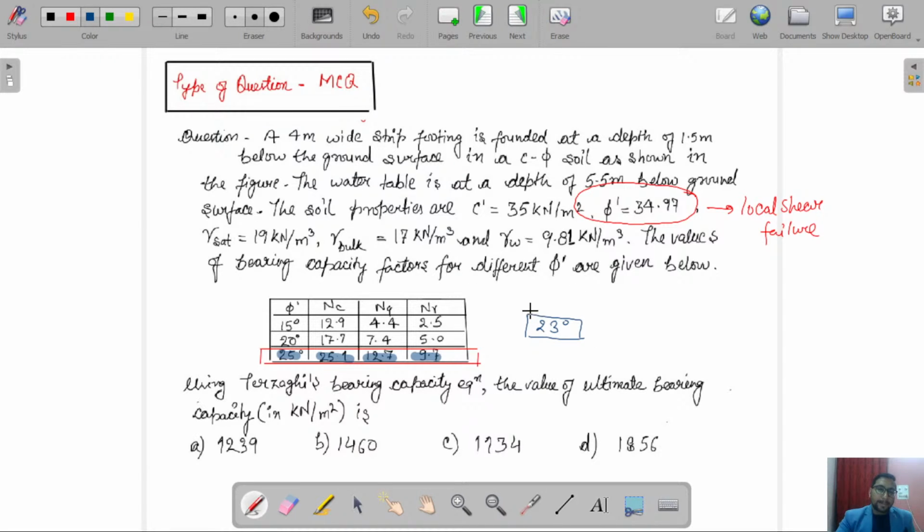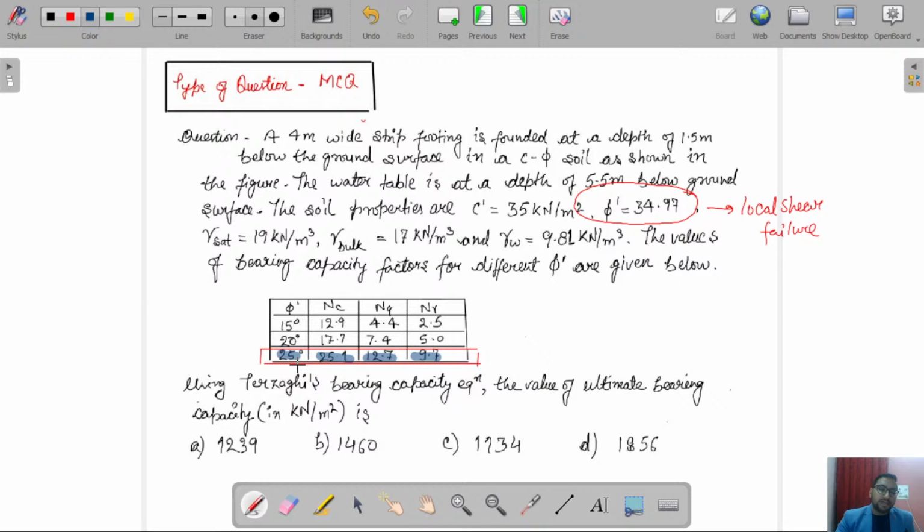So now you have to interpolate for NC, for NQ, for N gamma. That will be a tedious process. So in exam, you are going to get the exact value.